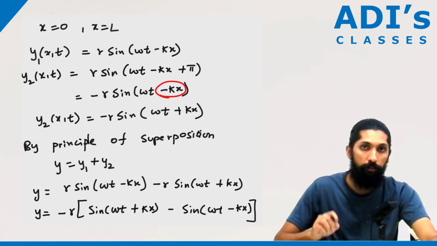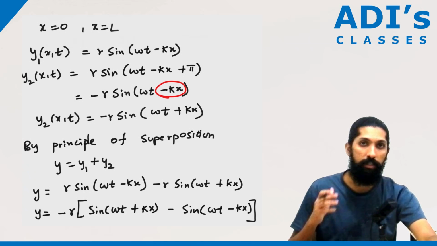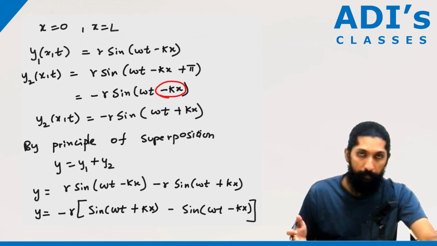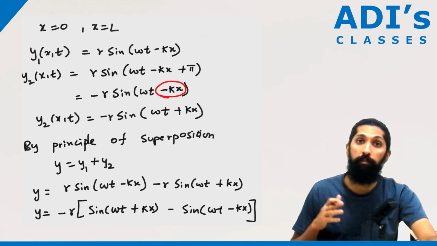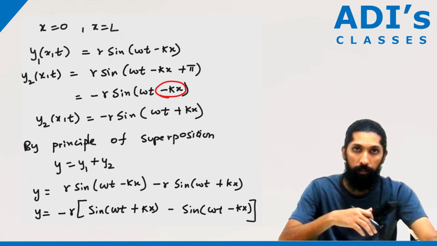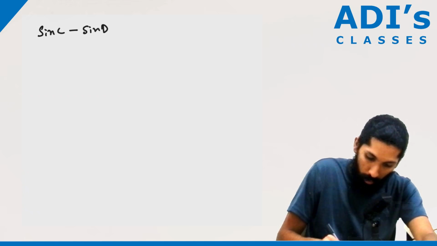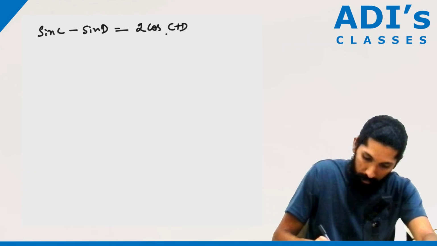In the next part, see, it's a subtraction of two sine functions. It's like sine C minus sine D, correct? So when you have sine C minus sine D, we have to apply the transformation formula. Let's apply that and see how it goes. The transformation formula is: sine C minus sine D equals 2 cos of (C plus D) by 2 into sine of (C minus D) by 2.